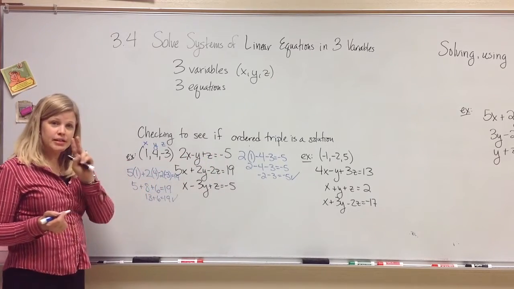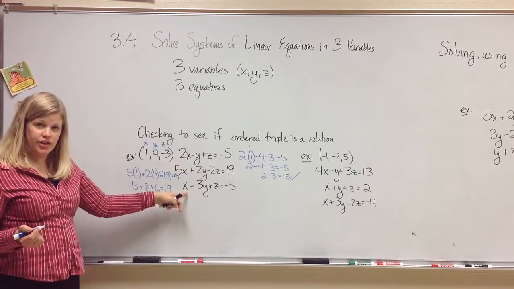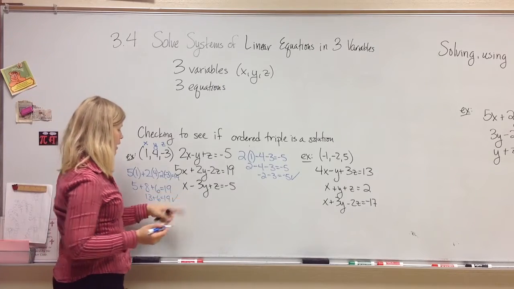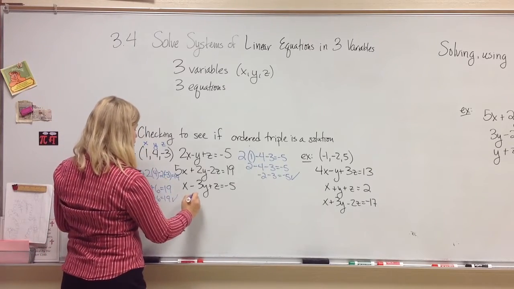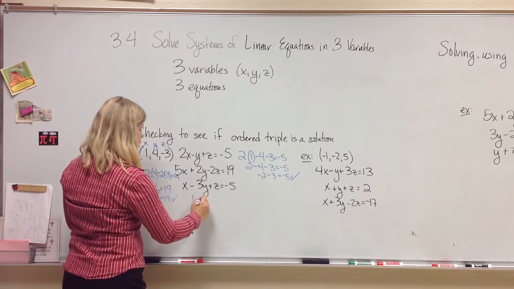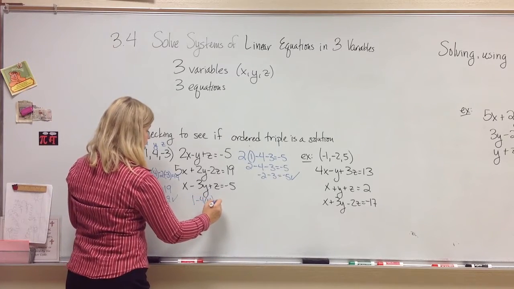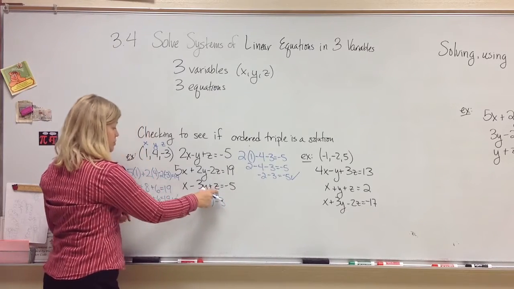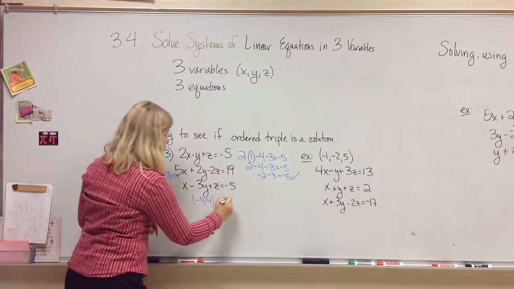But even if you've checked it in 2, you still need to check the third one. Okay? So let's put it in. 1 for x, minus 3 times 4. Minus 3 because it's plus z, and we know z is negative.